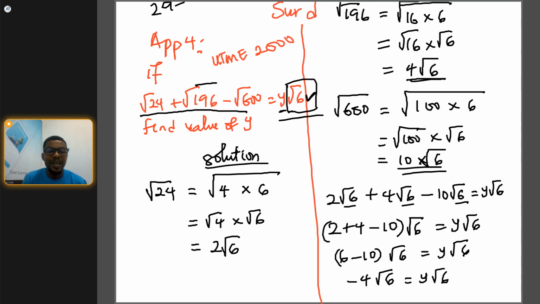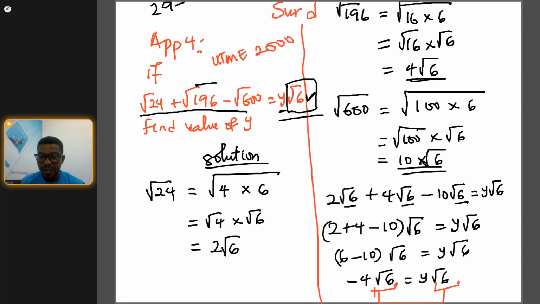So all I need to do now is what we call comparison. I have root 6 here. I also have root 6 here. Okay? So what will now be y? Who can tell us what y will be? In the chat box, waiting for your response. What will be the value of y? -4, great response, Sadu Emmanuel.